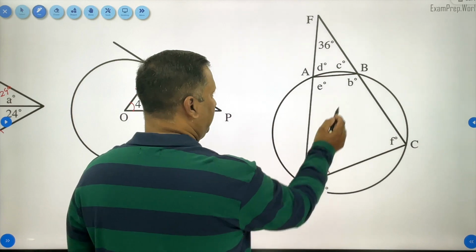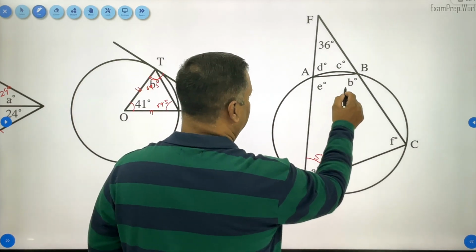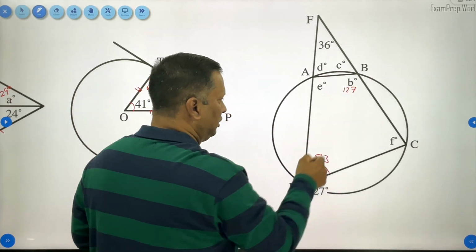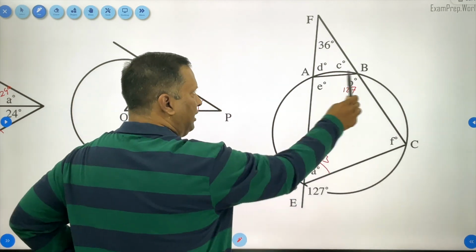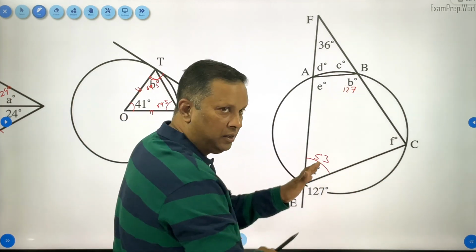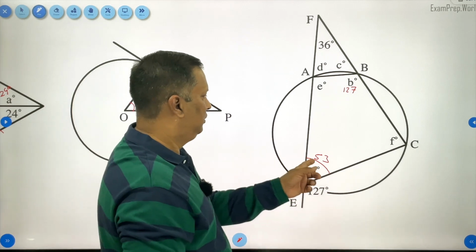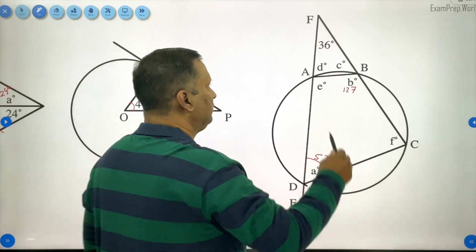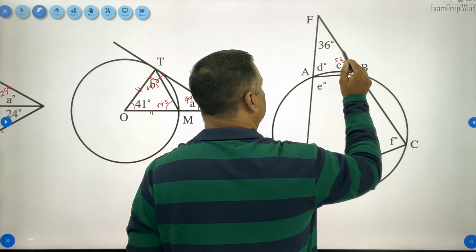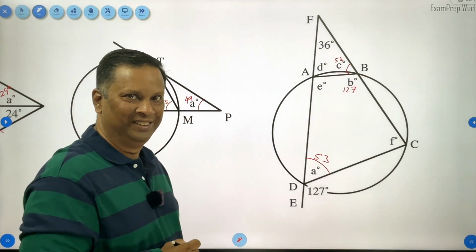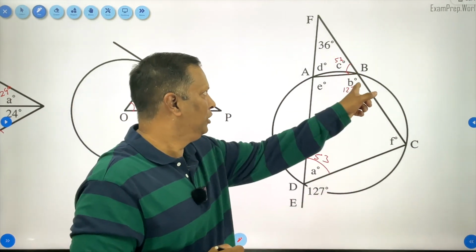If this is 53, this is 127. Why? Because ABCD is a cyclic quadrilateral, look carefully, and opposite angles should add up to 180. So if this is 53, this is 127. And if this is 127, this will be again 53. Correct? Right? Because this whole thing is a straight line.